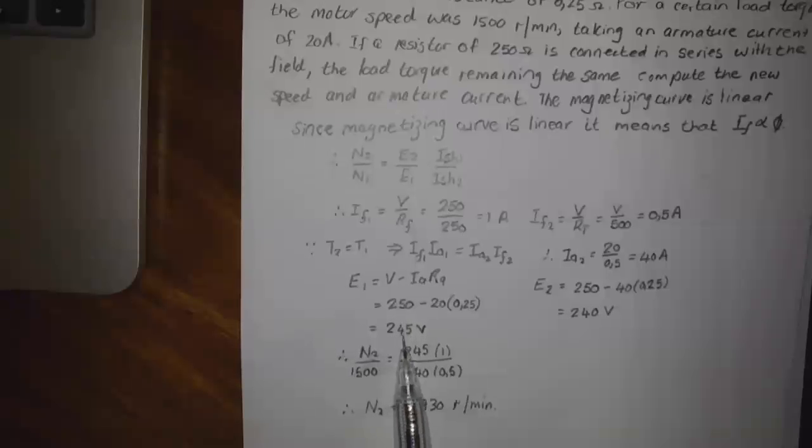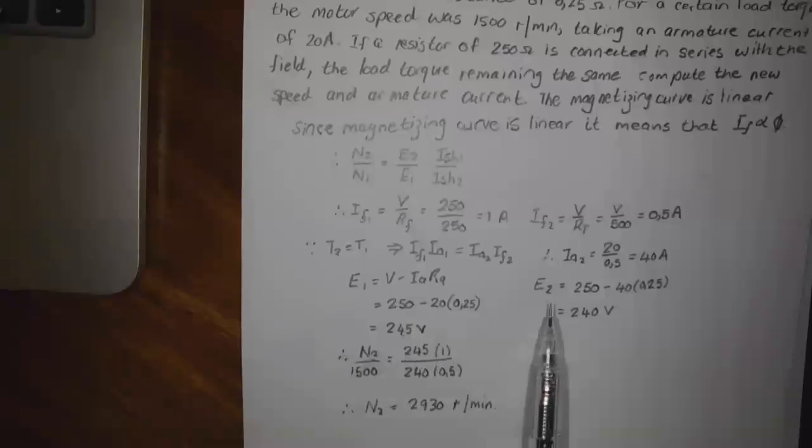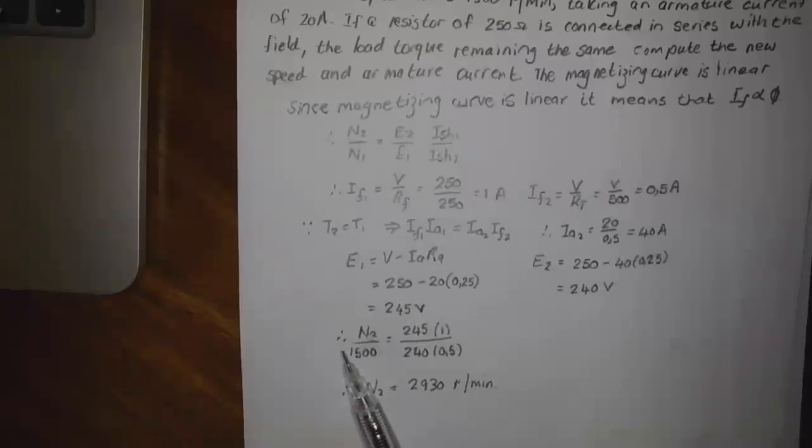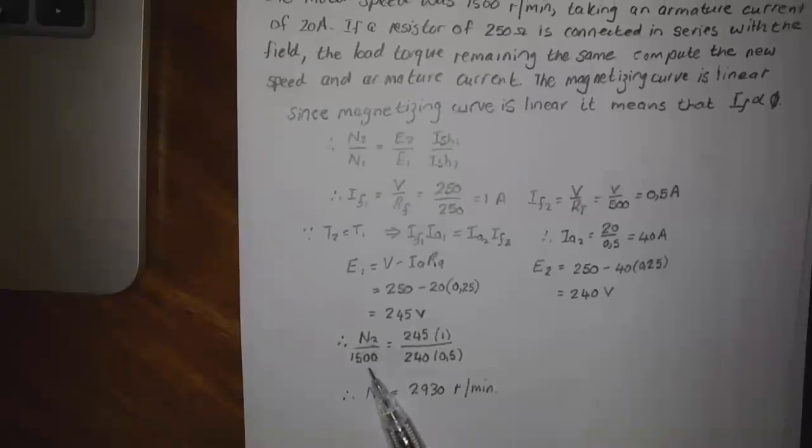In the first case, it was 245 volts. In the second case, 250 minus 40 times 0.25. That gives us 240 volts. So N2 over 1500 is 245 over 240 times 1 divided by 0.5. And then we get the speed is 2,930 revs per minute.